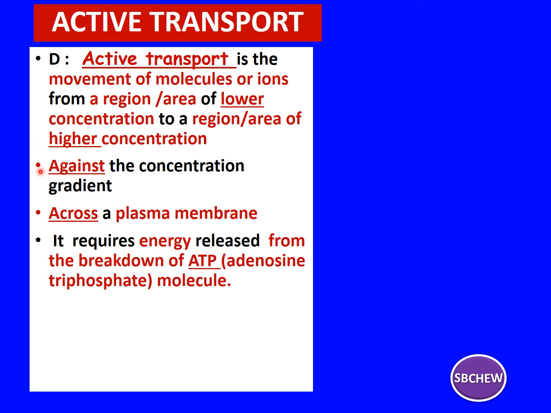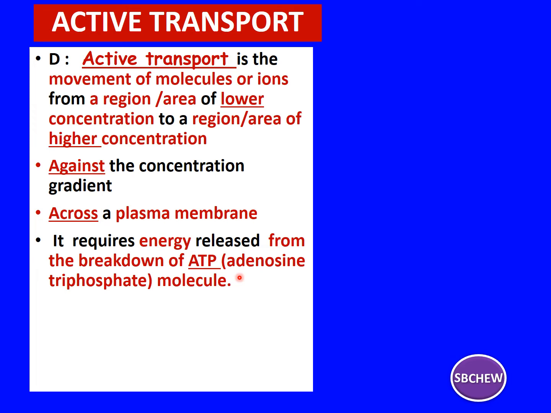It requires energy that has to be released from the breakdown of a molecule called adenosine triphosphate, which we'll study later. ATP is adenosine triphosphate, and it is a molecule that provides immediate energy when it breaks down to form ADP and a phosphate group.